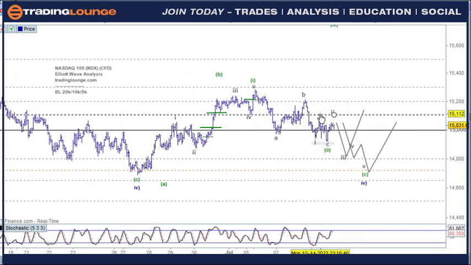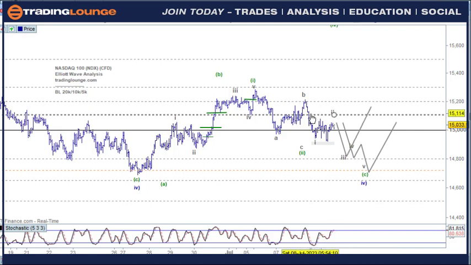That's the issue here. If I didn't have that, then it'll be nice and clean as an A, B, C pattern here, you know. So I just don't think that's the case at this point. So then it leaves us with 2 options: one more move down and then up, and that's something that I'm seeing in stocks. So this is probably the most likely one.